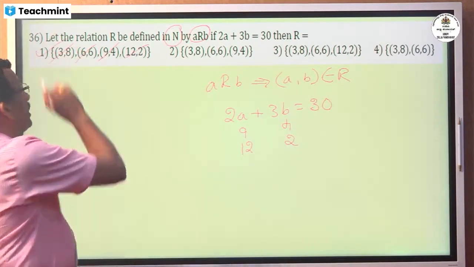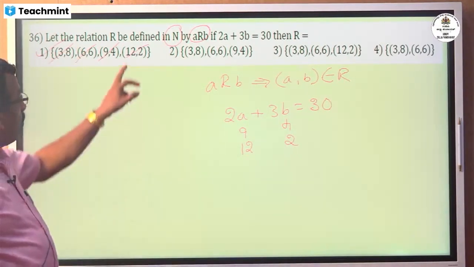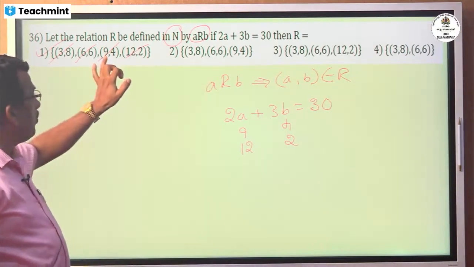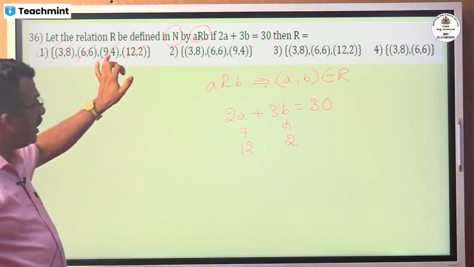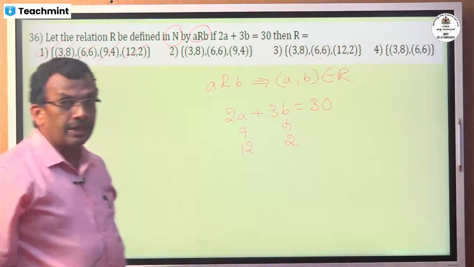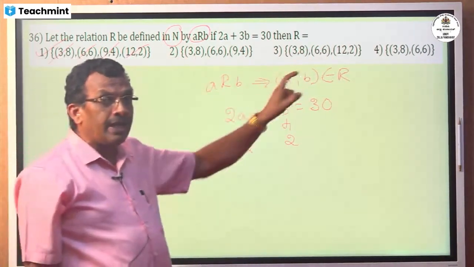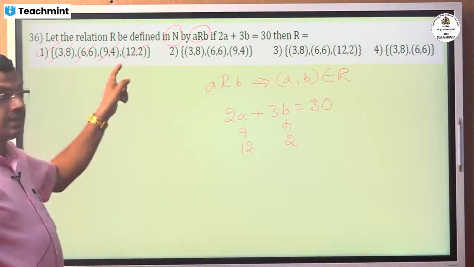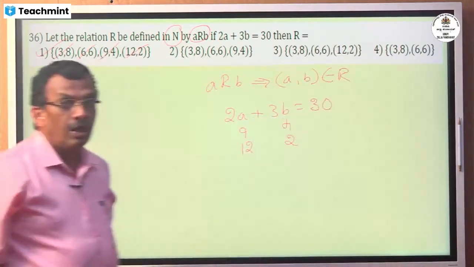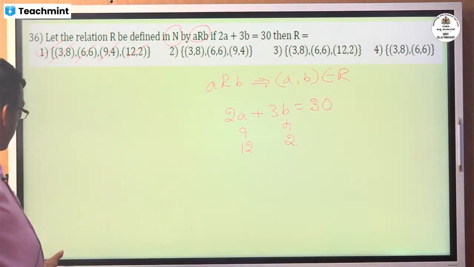So your answer is the first option. Even if (9, 4) does not work, you must check whether (12, 2) works. If (12, 2) does not work, our answer has only these two ordered pairs. That is the fourth option. All possibilities are there in this problem.